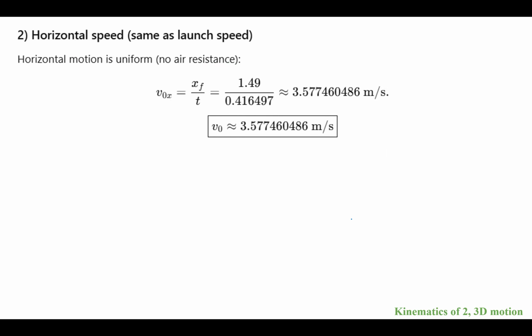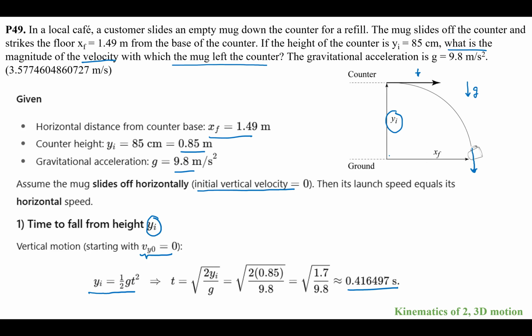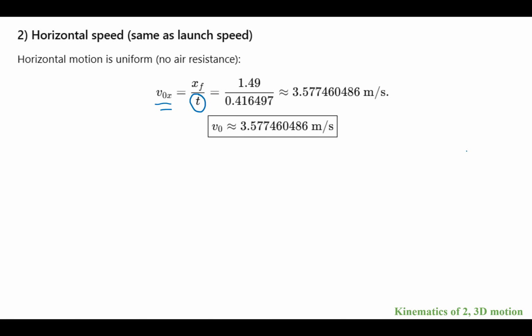Okay. And then for the horizontal speed, same as the launch speed, that's what we want to have. And for the same time duration, it will travel along the x direction, xf, this much. For the given time, it will travel along this vertical direction, but at the same time, it will travel along this distance, xf.